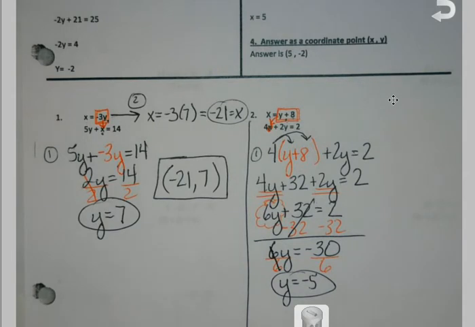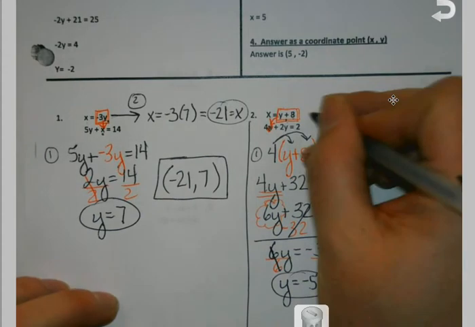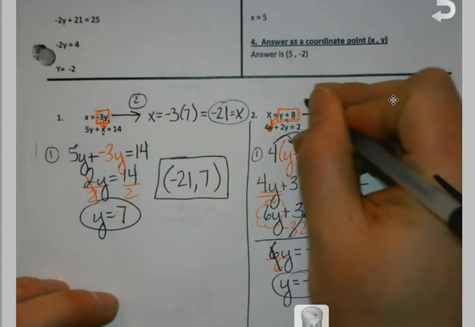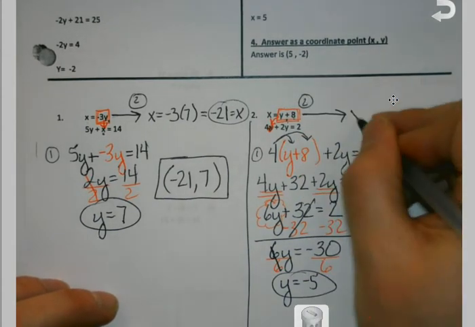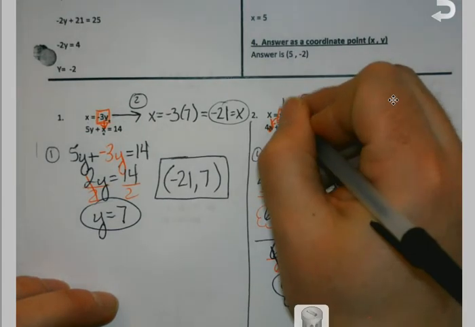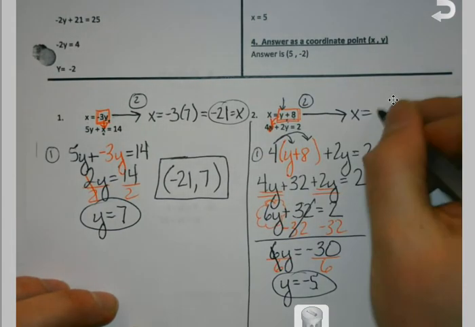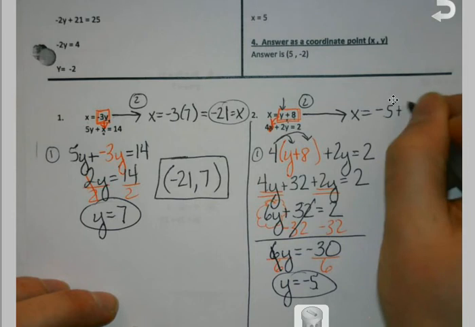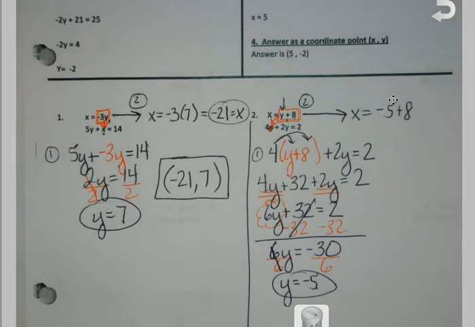But again, don't stop at this point, because I still need to know what my other variable is. So my other job is to take that answer I just got, that y value, and plug it back in for y. So negative 5 plus 8. Again, the y literally disappears.